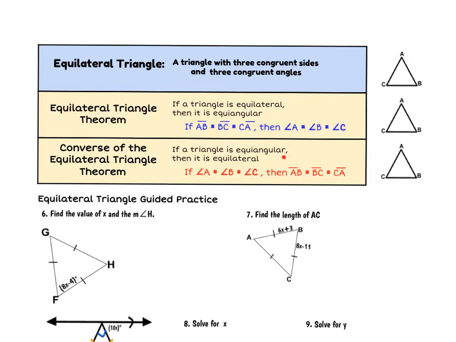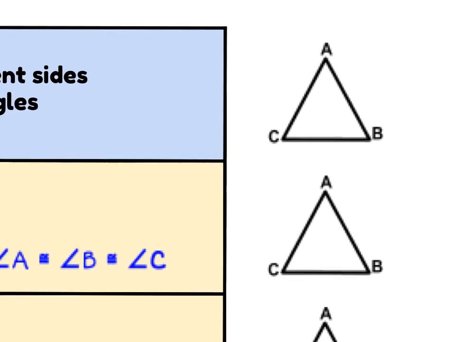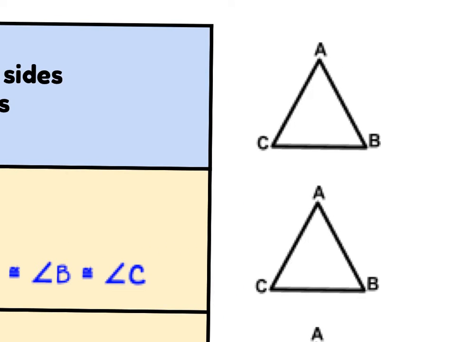If a triangle is equiangular, then it must be equilateral. So, to summarize, folks, in an equilateral triangle, all of our angles are going to be equal, and all of our sides are going to be congruent.